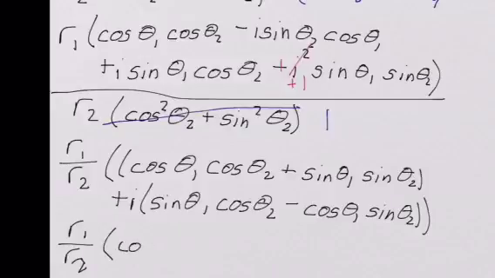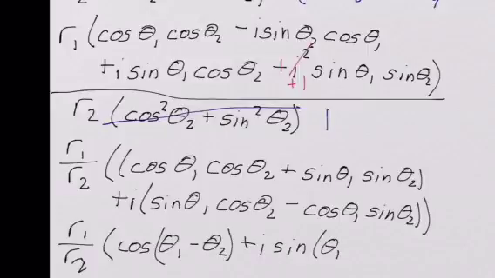So it's cosine theta 1 minus theta 2. And the imaginary part is simply going to be the sine of the difference of those angles. So plus i sine theta 1 minus theta 2.